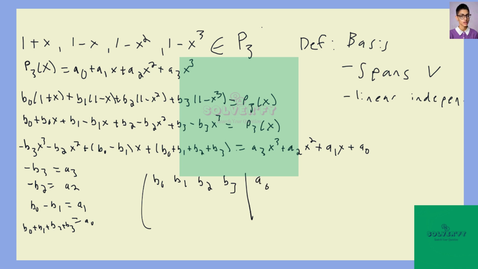Then we have b0, negative b1, 0, 0 is equal to a1. And then we have negative b2 is equal to a2. Let's just put some zeros here. And then we have that negative b3 is equal to a3.